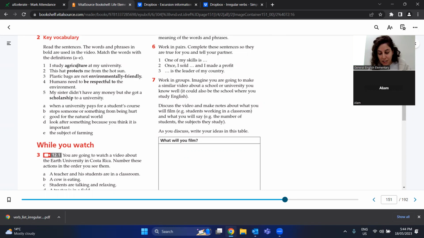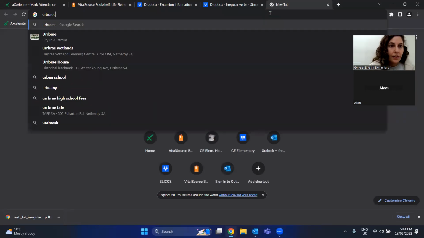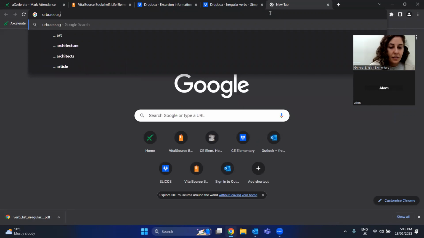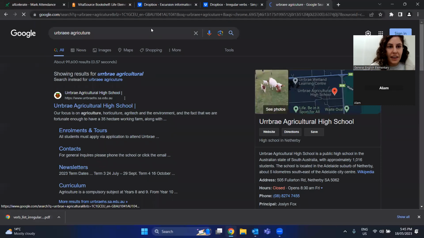Agriculture is the study of farming. When we think of agriculture, we think of land, farming. In Adelaide, we have a big agriculture area up here.